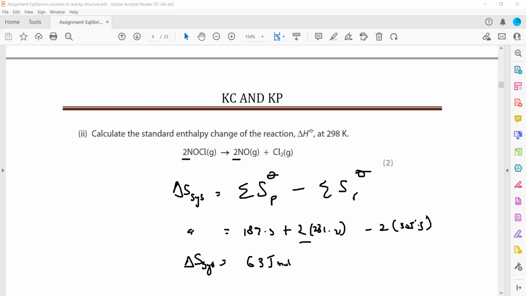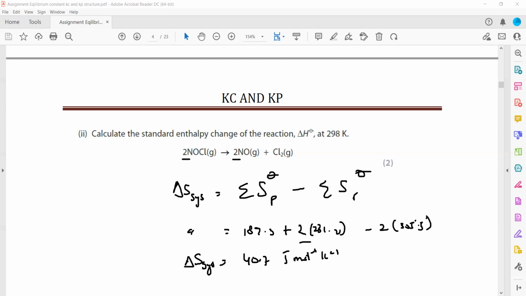Joule mole inverse Kelvin inverse, that's the unit.